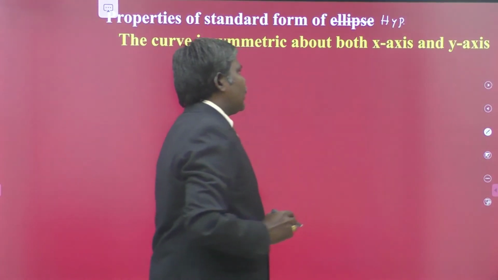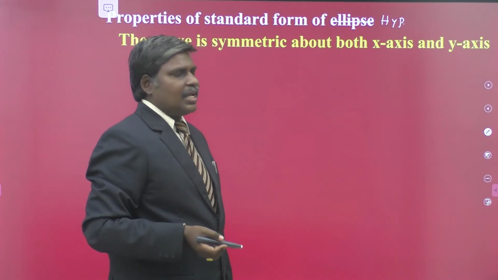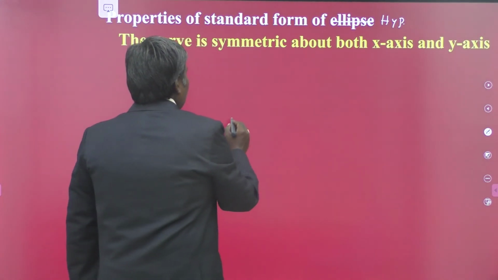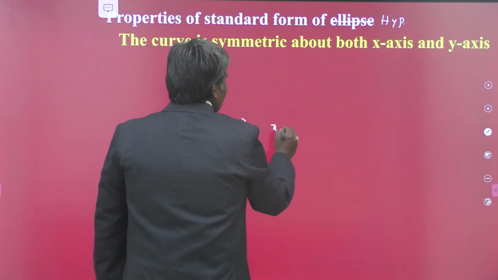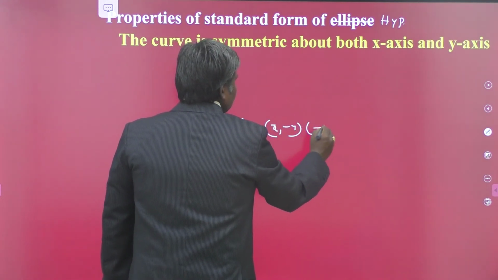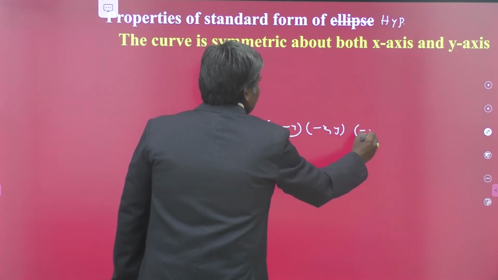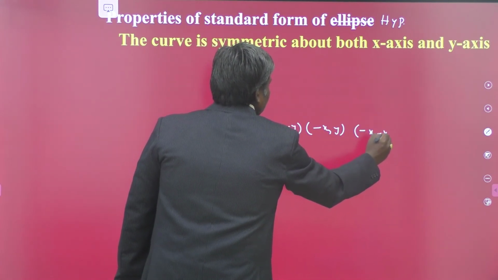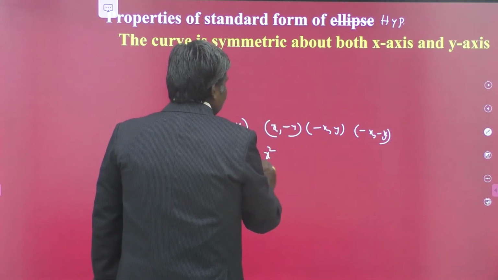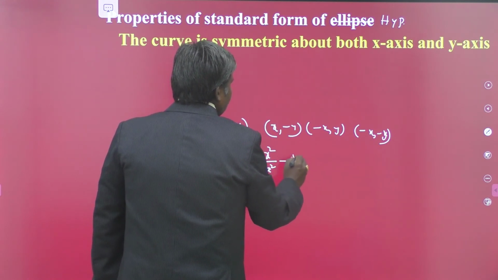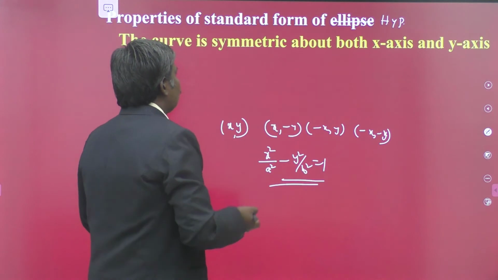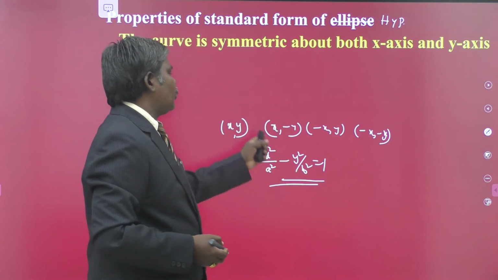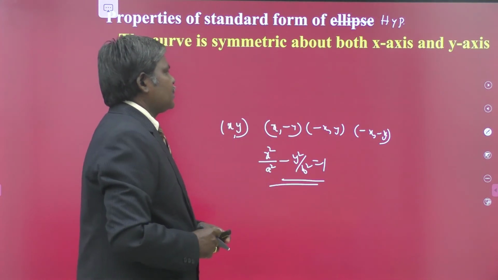If x comma y lies on the hyperbola, then x comma minus y, minus x comma y, and minus x comma minus y lie on your hyperbola, since its equation is x square by a square minus y square by b square equal to 1. So the curve is symmetric about both x and y axis.